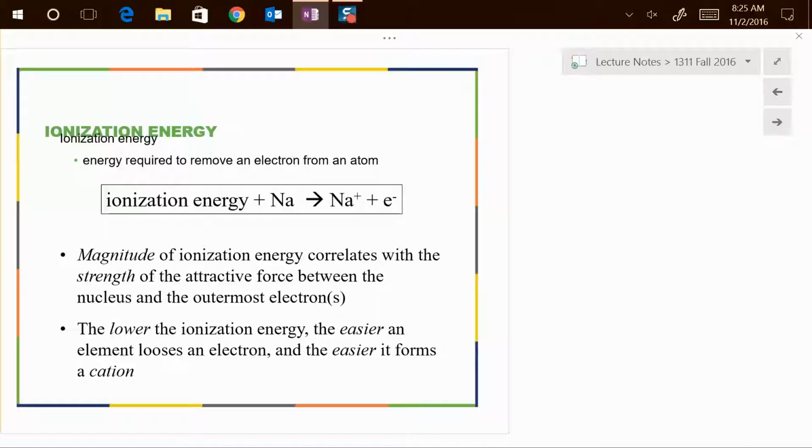That's what the ionization energy is. If I absorb enough energy, I will remove an electron. It'll pop off. So you can see that here, sodium goes from Na to Na plus, and it lost an electron due to the ionization energy.